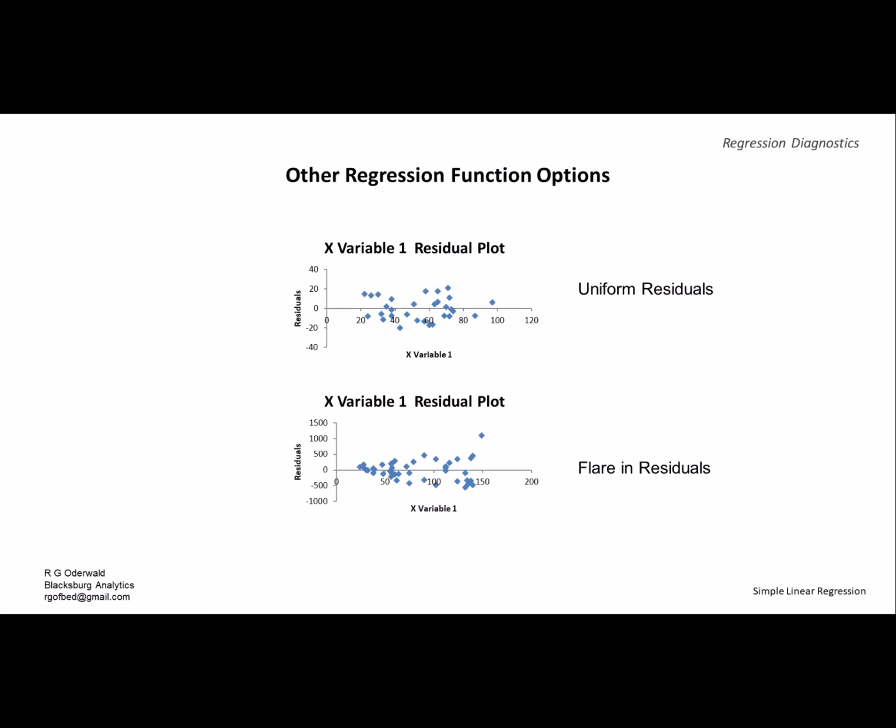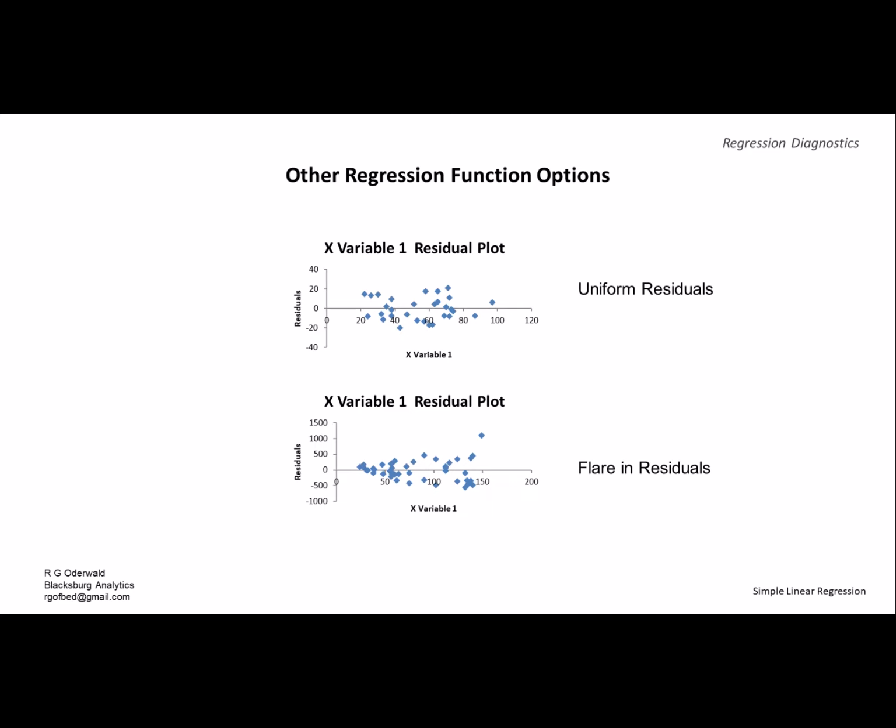The residual plot is the only useful plot. A good regression will have a uniform spread of residuals. That means there is no pattern to the prediction errors. A flare or unevenness in the residual means the data has a pattern that should be removed by transformation.